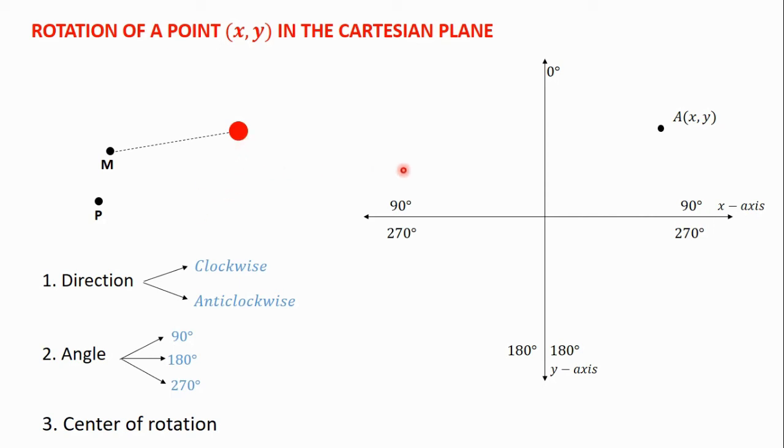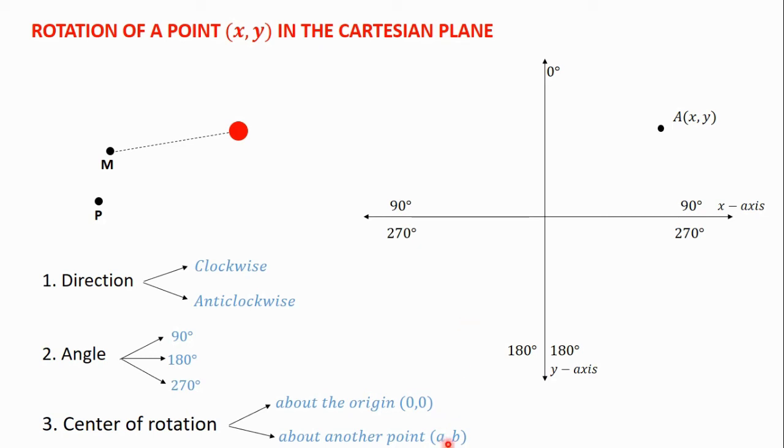So if you have a point in the XY plane or the Cartesian plane, one of the factors that affects the position of the image is the center of rotation. In our Cartesian plane, we are going to learn how to rotate a point about the origin, which has the coordinates 0, 0. And then we will learn how to rotate the point about any other point.